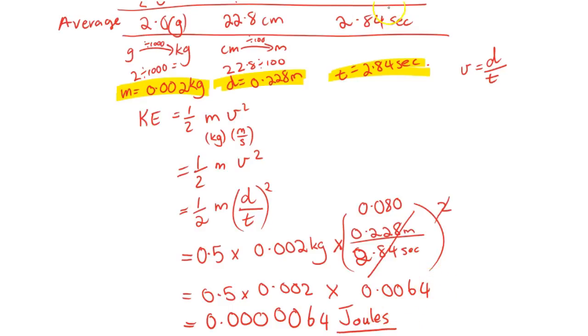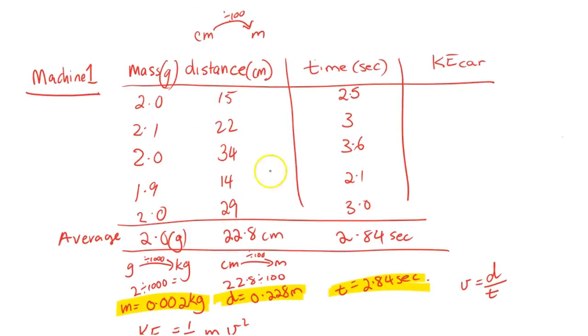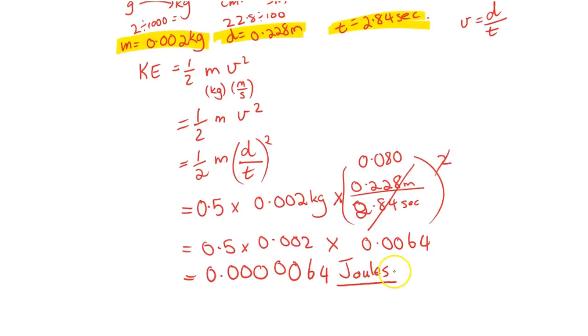That is step by step how you go from your numbers here to averaging them, to converting them into kilograms and meters and seconds, putting them into your equation and figuring out how many joules of kinetic energy your car had before it stopped.